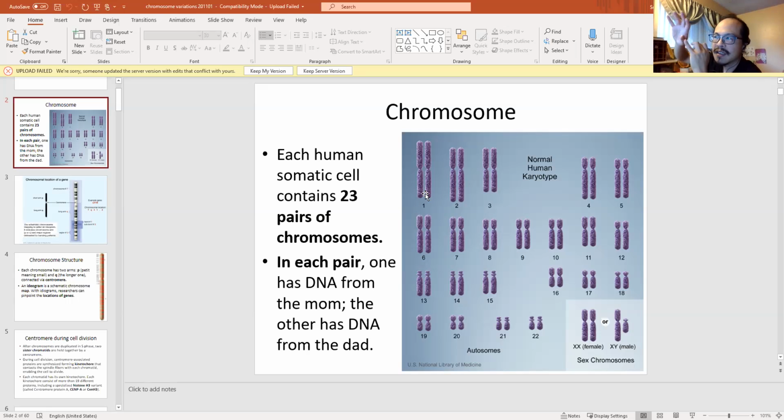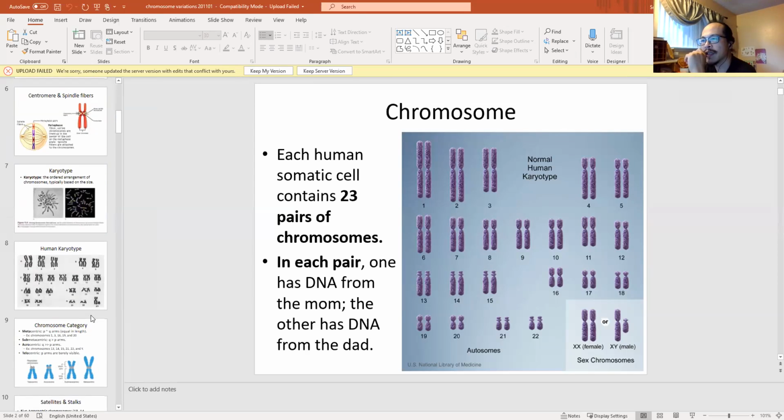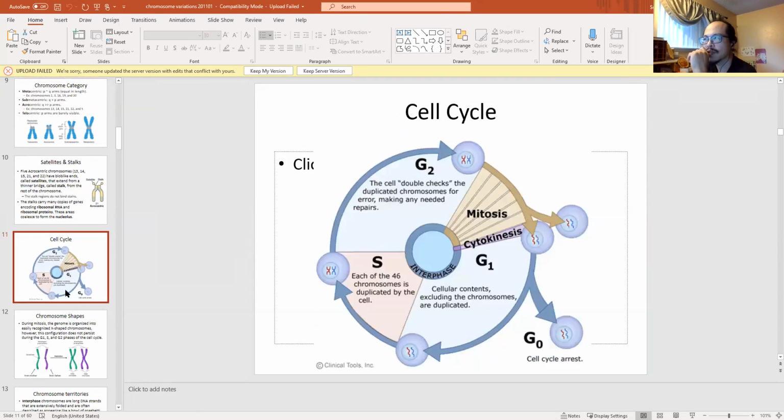That's how we can appreciate the short arm, long arm, the centromere, etc. But keep in mind that this shape is not always like this across the cell's life. So I want to go back to the very first lecture in this course, the cell cycle. That is the cell cycle right here. We have the interphase with G1, S, G2, and G0, and then mitosis, the cell division.